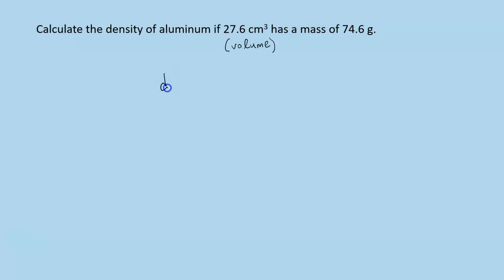Remember that density is equal to mass over volume, and therefore we can plug in that mass of 74.6 grams divided by a volume of 27.6 centimeters cubed. In terms of significant figures, you've got 3 sig figs in the top and the bottom number. So our final answer is going to come out to be 2.70 grams per centimeter cubed.